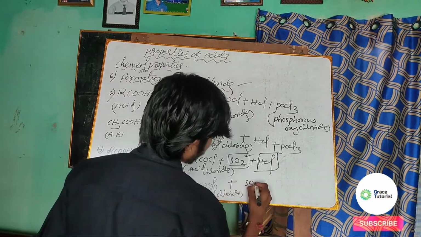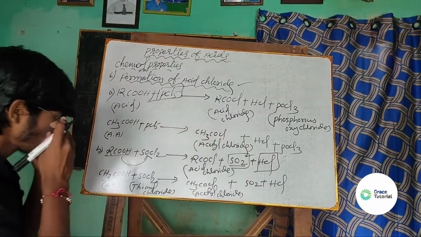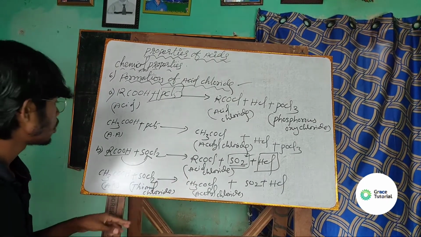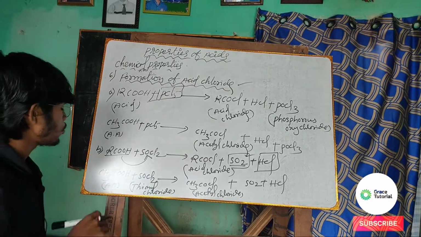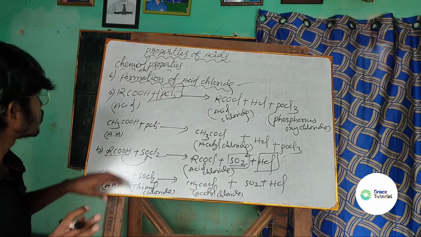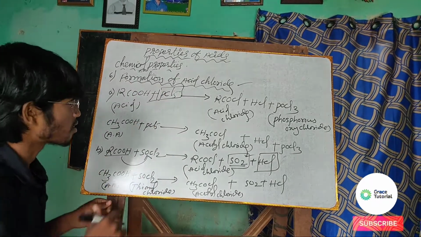Acetyl chloride, then sulfur dioxide, then HCl is removed here. So this is the specific example wherein the acid chloride is formed by the reaction of acid with thionyl chloride. The formation of acid chloride can be done in different ways like this.